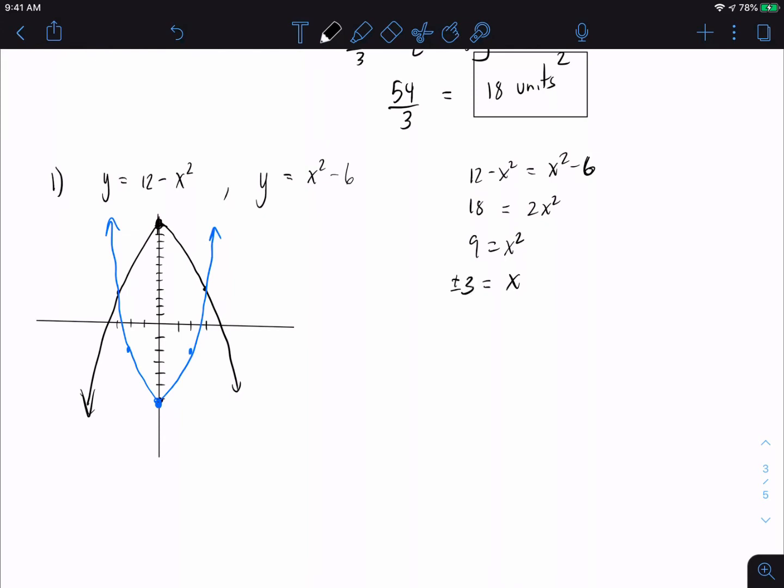That's another way to find the bounds. If you didn't want to graph it, if you were intuitively to know that 12 is bigger than negative 6, then you could see this problem like that.